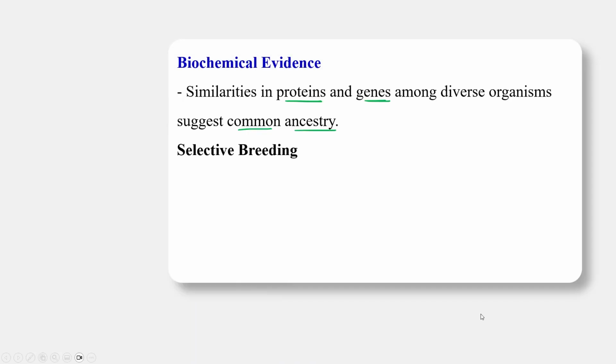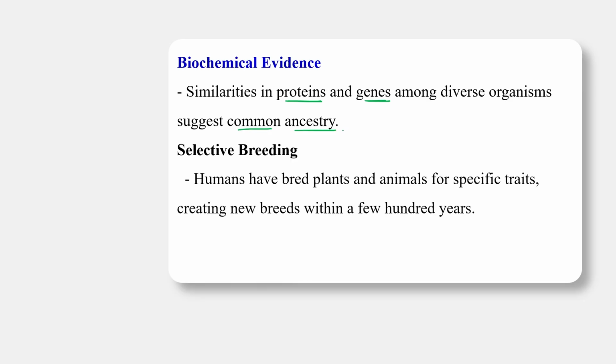Clear? So, biochemical evidence. This also shows similarity in proteins and genes among diverse organisms, which suggests common ancestry, right? And selective breeding is another method. Nowadays all the botanists, tissue culture technicians, and scientists who work on developing various varieties of plants select a good quality plant and start hybridizing them.